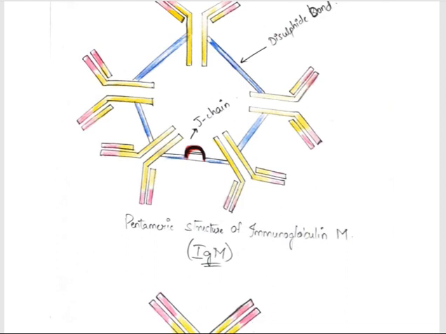As I told you, because of its macromolecular size, it is primarily localized in blood and thus protects against blood serum infection. So it is mainly involved in blood serum infections, whereas IgA is going to be the mucosal paint of our mucous membranes, acting as a first line of defense.